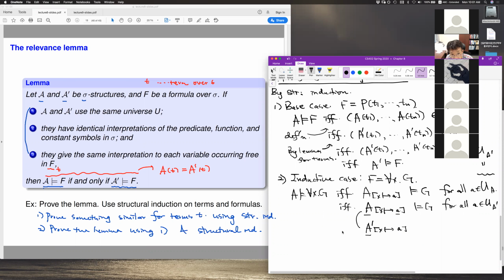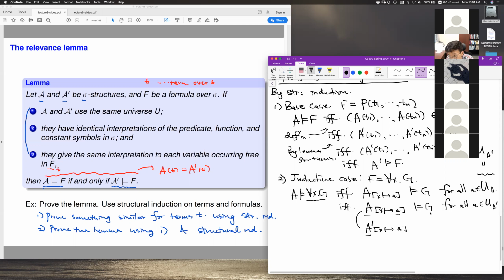They assign the same meaning to predicate, function and constant symbols in the signature. And for every free variable appearing in the original formula, they will assign the same value. Furthermore, for variable x, they will assign the same value because that's what we just did here.